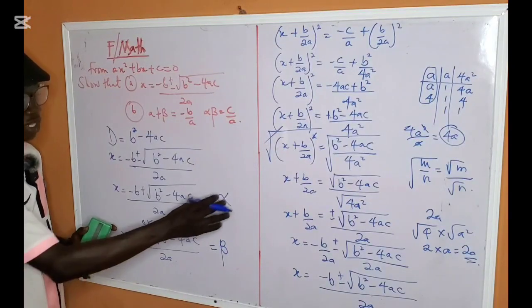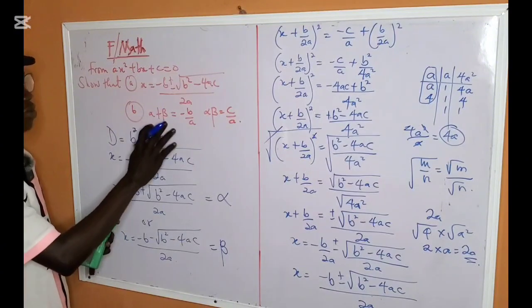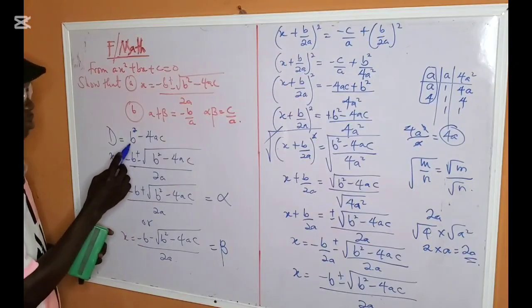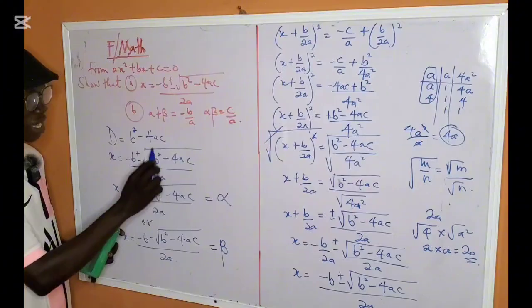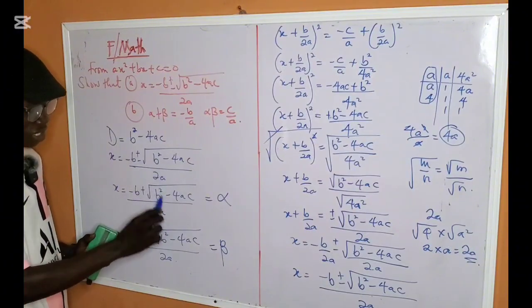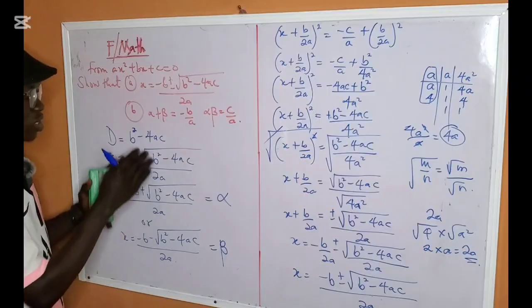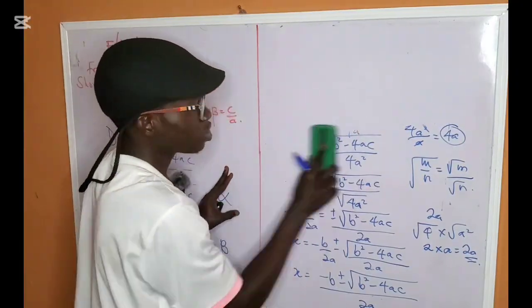Okay, so now that we've gotten alpha and beta here, what we need to do is to show that alpha plus beta equals minus b over a. But remember that discriminant is b squared minus 4ac. So all this, we can write it as d, represent it as d, instead of writing b squared minus 4ac. So we can just write it as d, which is our discriminant. Alright, let's solve it here.